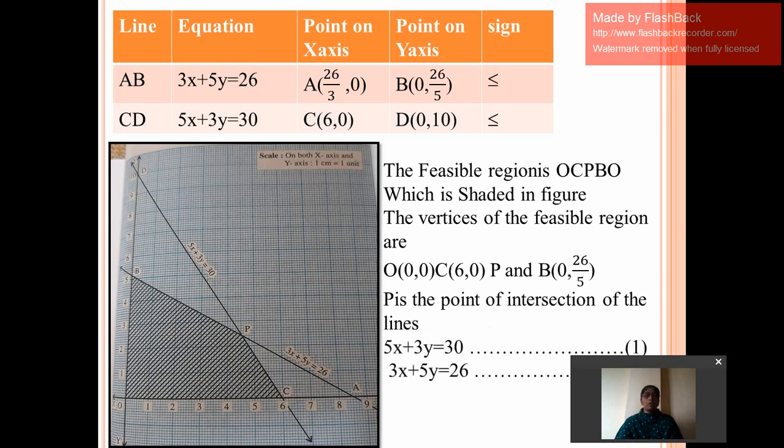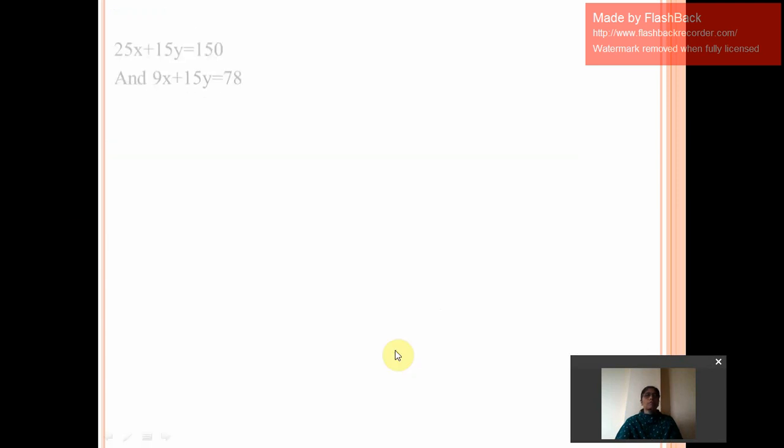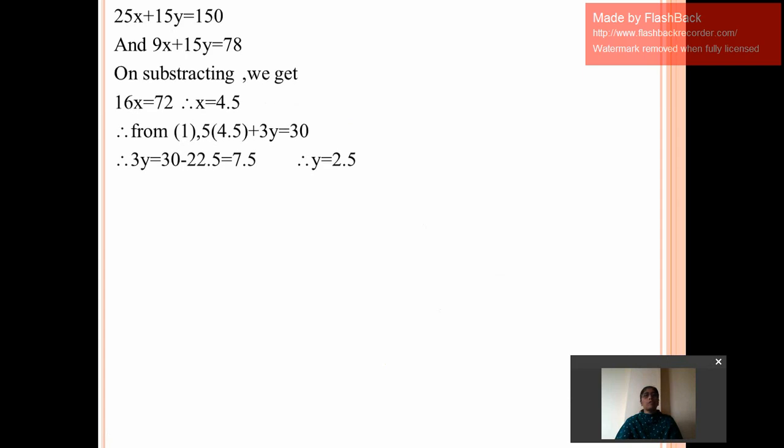Solving these two equations, multiplying equation 1 by 5, we get the x value 4.5. Substituting x as 4.5 in equation 1, we get the y value 2.5. Therefore P is equal to 4.5, 2.5.